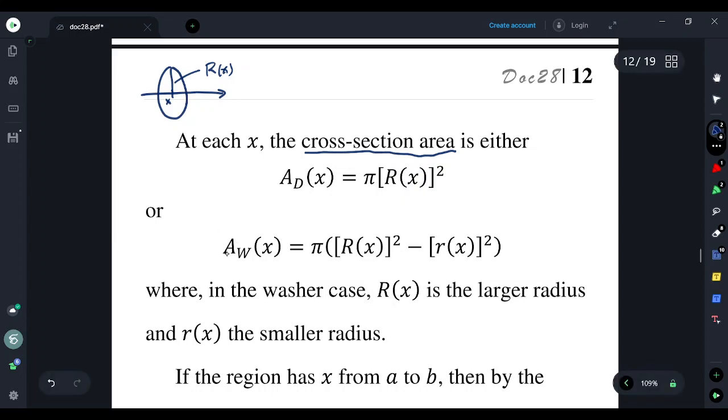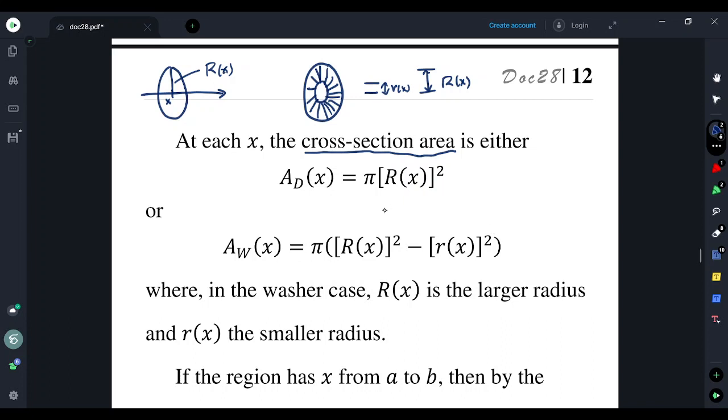On the other hand, if the cross section is a washer, there's gonna be an outer radius, the larger radius, and an inner radius, right? So the smaller radius is denoted by r(x), while the larger radius is denoted by capital R(x). The area of the washer is just the bigger area minus the smaller area, which is pi capital R(x) squared minus small r(x) squared.